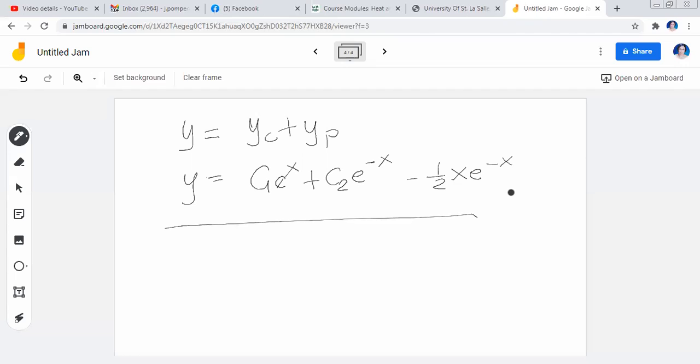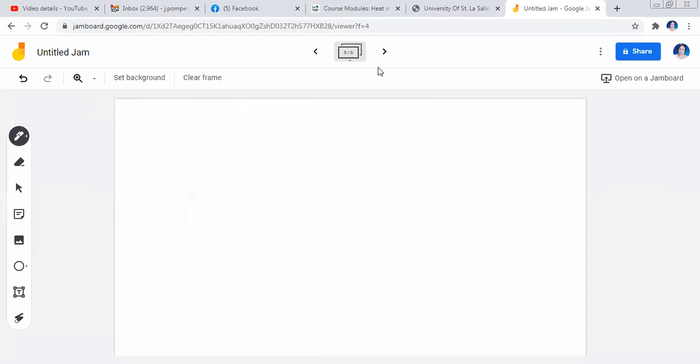So this is what we call the operator method. I'd like to give another example on this, that way, you will appreciate the operator method over the lengthy procedure of the method of undetermined coefficient.